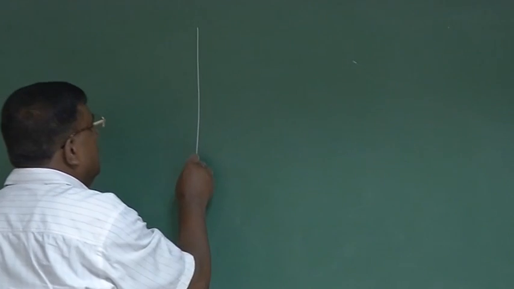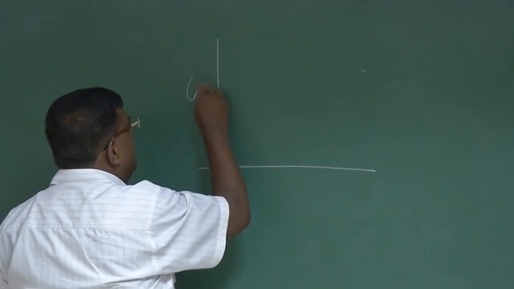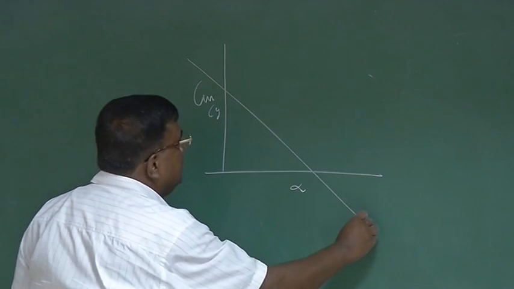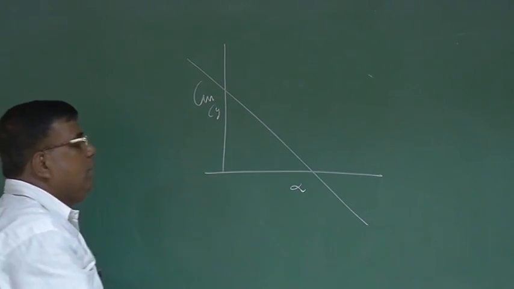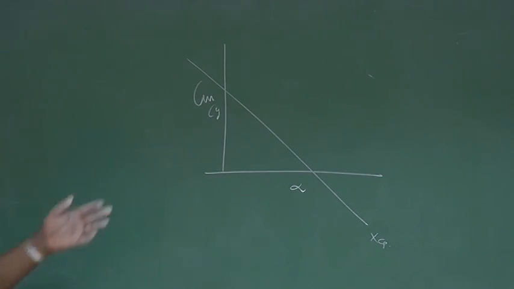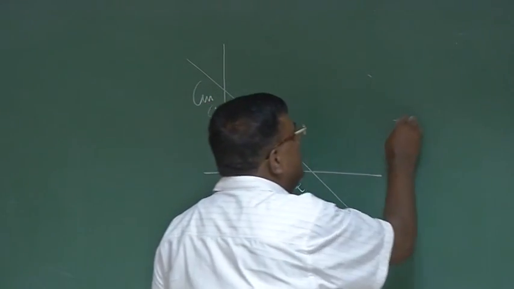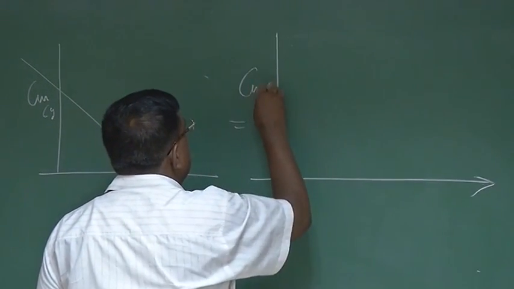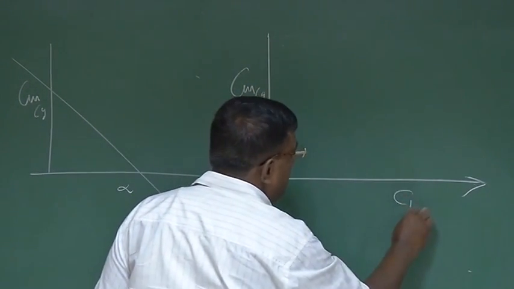So far we have been drawing Cm,cg versus alpha. This is for a particular Cg location. Now I can easily translate this into an equivalent graph, Cm,cg versus Cl.